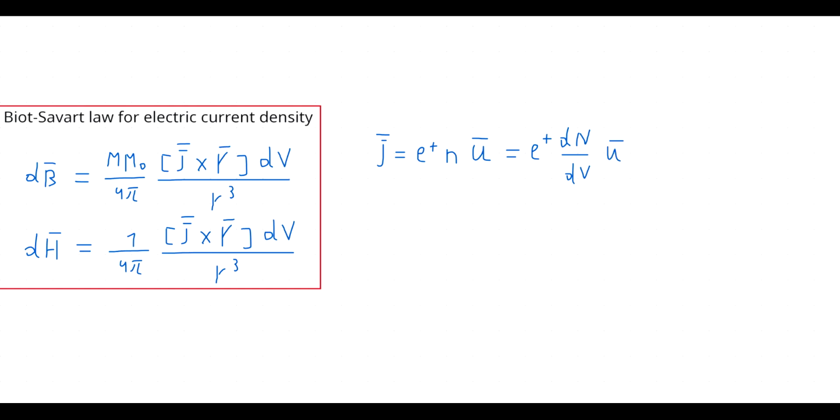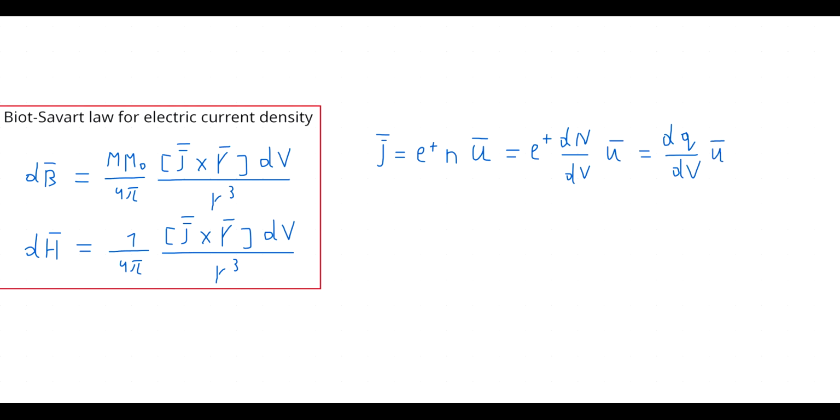And the product of the number of elementary charges and the value of the elementary charge will be charge Q divided by dV and multiplied by u.